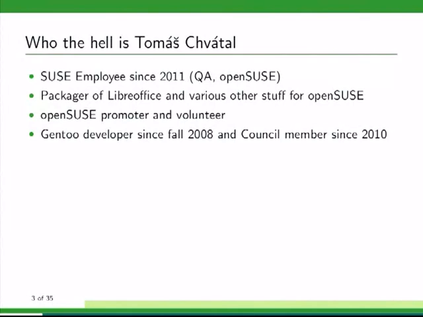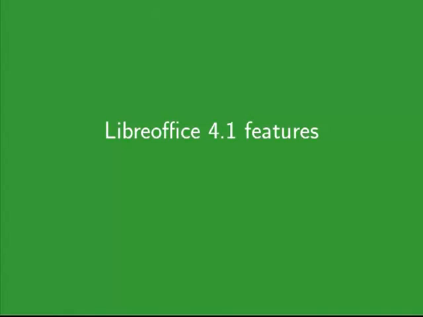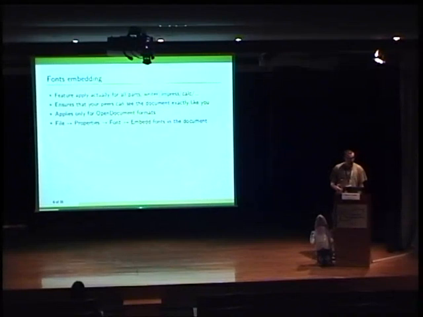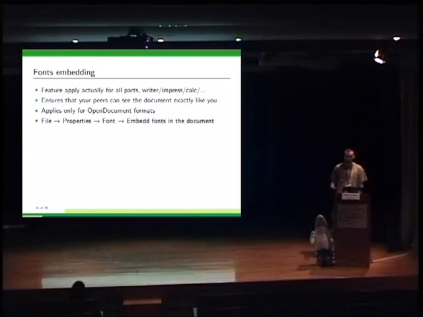What features do we have in LibreOffice 4.1? We have various Writer features, which you can use whenever you write your documents. The most important one, at least I think, from the list of good changes is font embedding. What does that mean? You can write your document and then put the font within your document, like with PDF, and it will open the same everywhere on any computer.